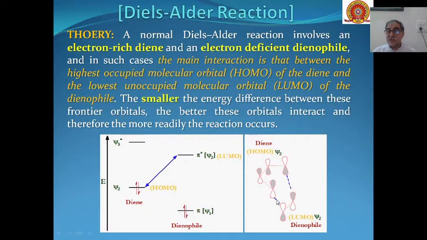Similarly in this case also this will be an effective overlap because both the lobes have the same sign. So overall the overlap of the HOMO and LUMO of the diene and dienophile will be an effective overlap, and hence the reaction will take place.